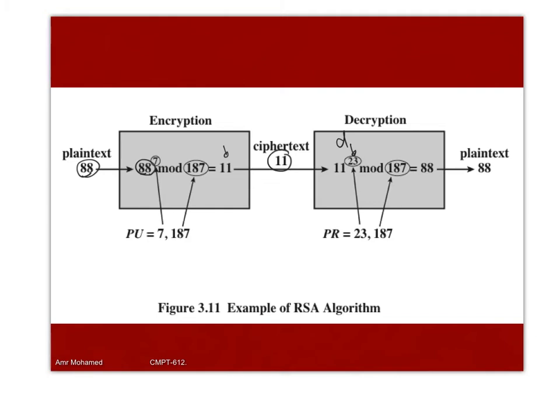So if we have D, at the decryption side, if we say 11 to the power of 23 mod 187, we will get 88, which is good news, because then it's reversible and we can get the plain text. That's all good, but internally, some conditions have to happen in that case.